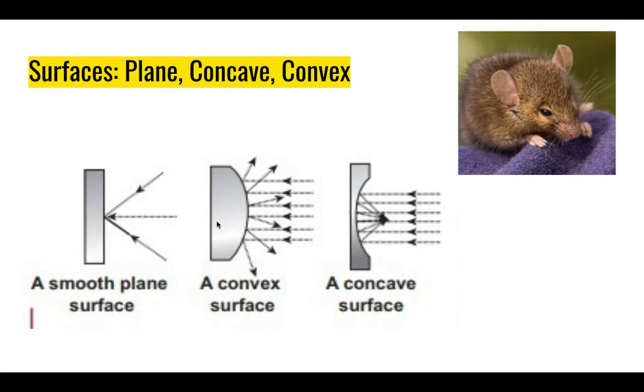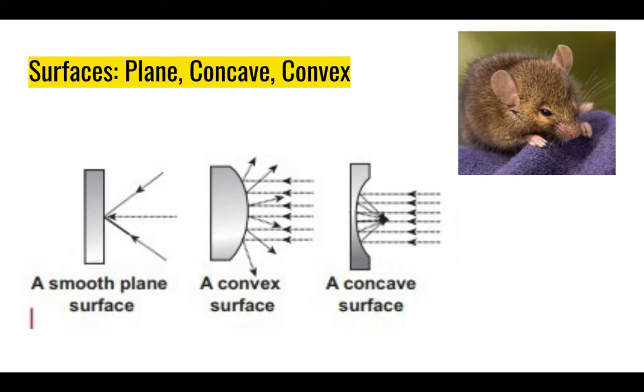If the surface is convex, so convex is that bulging out surface, and if light is hitting a convex surface, it's going to scatter. So if I want my light to be spread out so that I can see a wider area. Have you ever noticed, in some places, people have those mirrors at the end of their driveway, where the mirror is convex, it's curved out.